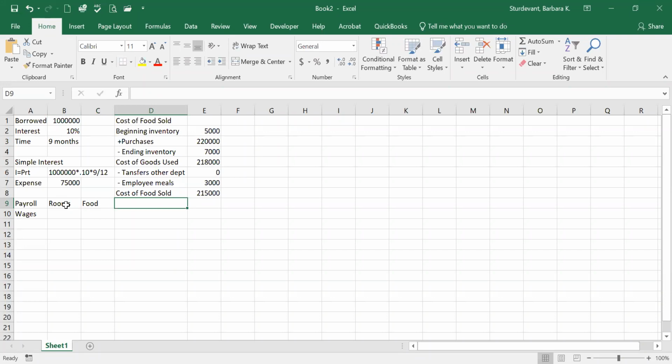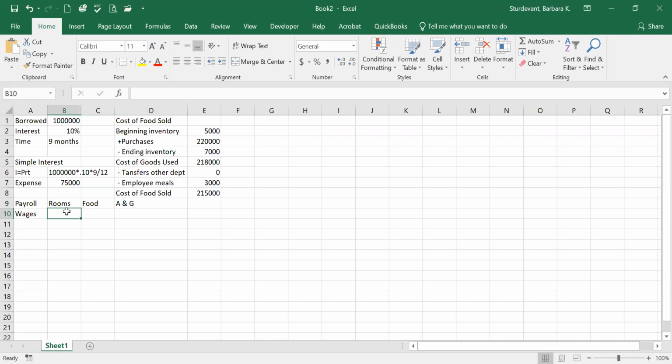There's A&G salaries here. Okay. Is there anything else? I don't see anything else. Okay, so let's put those numbers in.